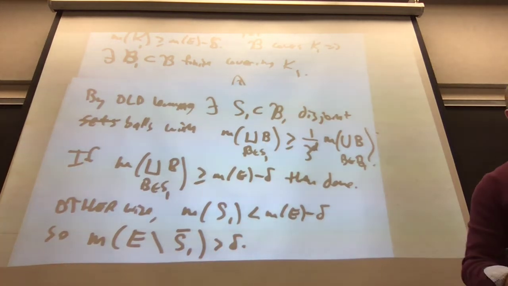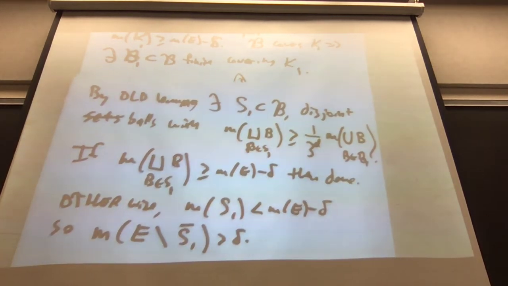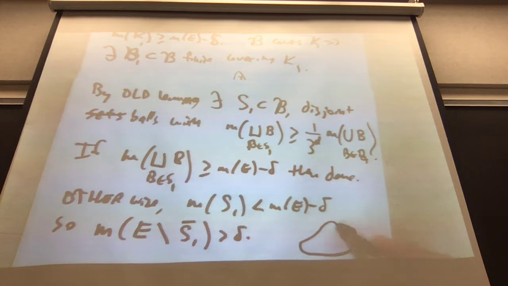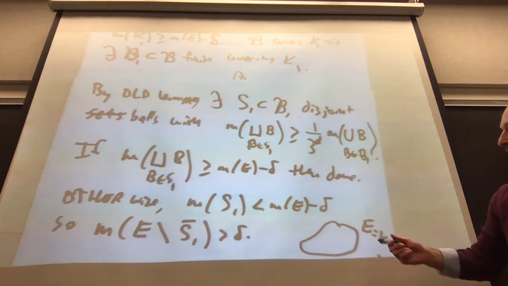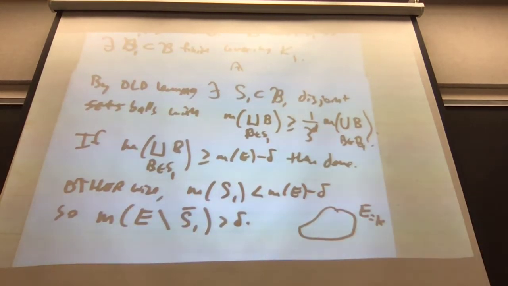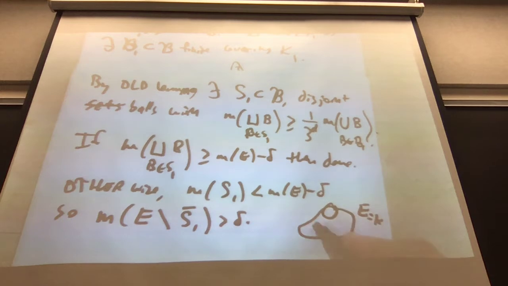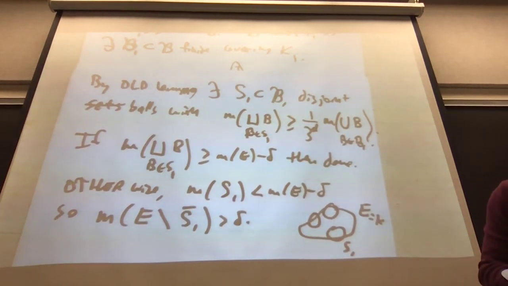Does everybody see that? Should I draw you a picture? Let's draw a picture. This was E, and then we took some compact subset of it. Well, let's just say E is equal to K, just to make things simple. Then we found this finite set of disjoint balls S1. Are they contained in E?